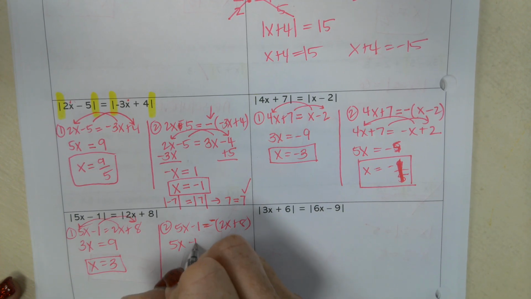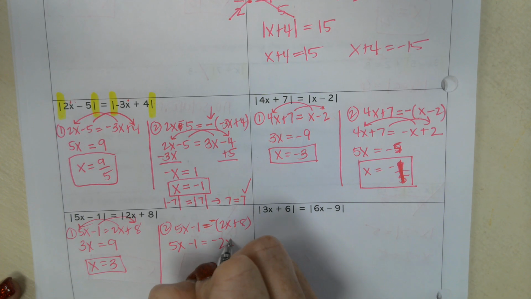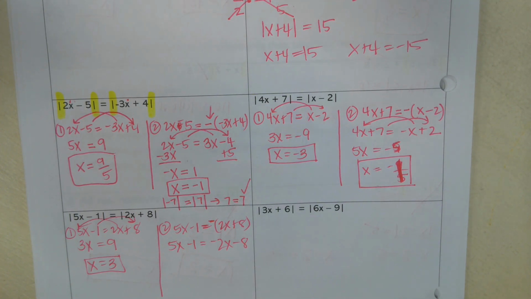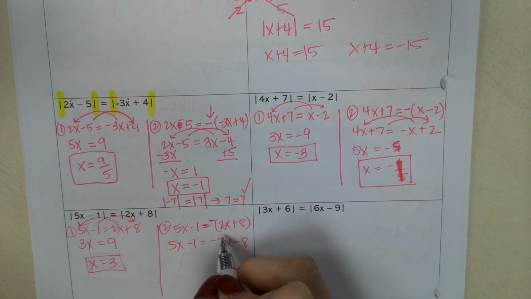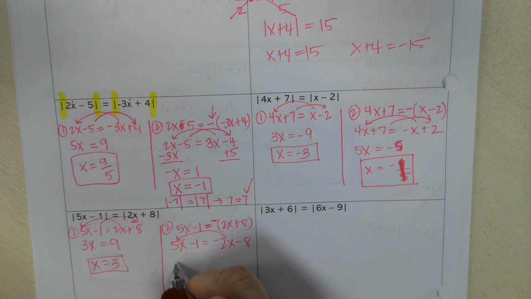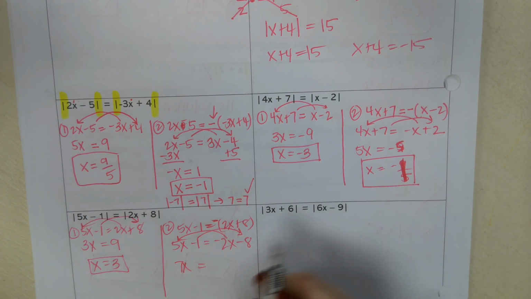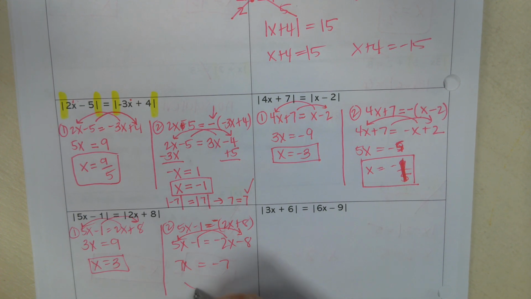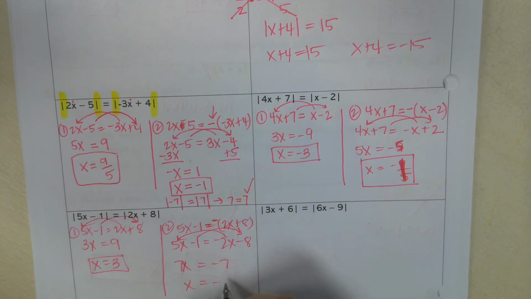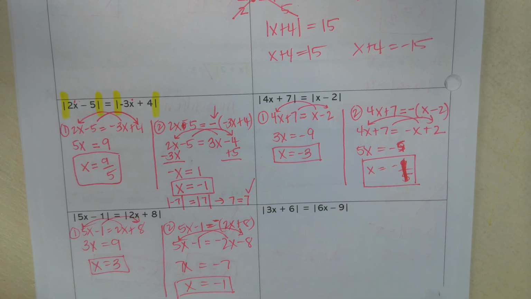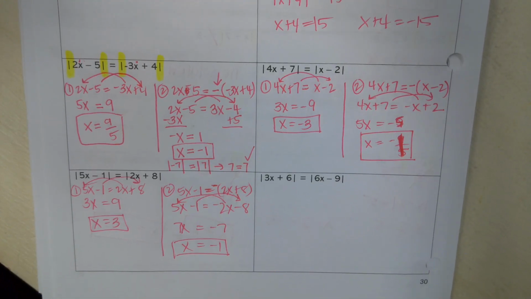Then when we distribute the negative, that becomes a negative 2x and a negative 8. Okay, so if I add 2x, that's going to give me 7x over here. And here, that's going to give me negative 7. So I got negative 1. If they both negative, I got negative.